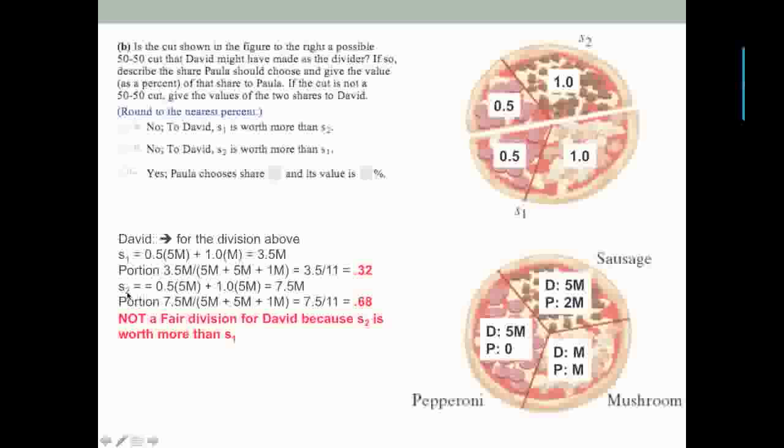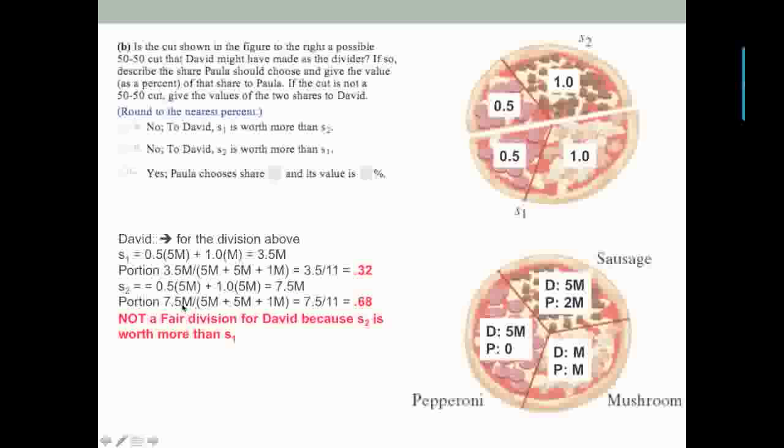We now do S2. S2 is this piece up here. So we have 0.5 times his valuation on pepperoni, which is 5m, plus 1 times his valuation on sausage, which is also 5m. So we have 0.5 times 5m plus 1 times 5m, or 7.5 times m.